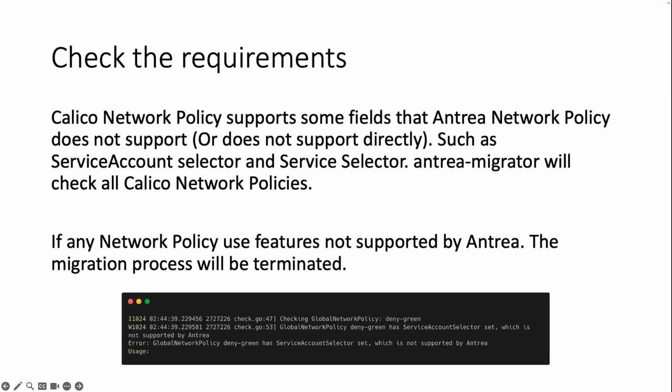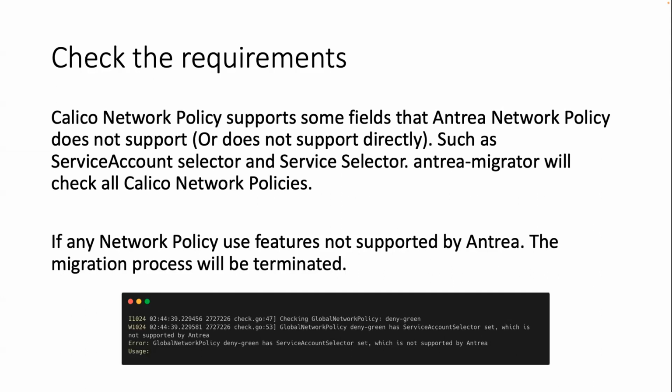Okay, I'll continue. The first step is to check the requirements. Calico network policy supports some fields that Antrea network policy does not, for example, service account selector or service selector. Actually, this feature can also be supported by Antrea, but not directly.